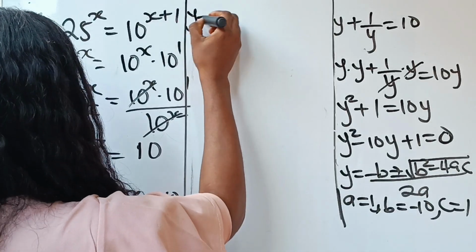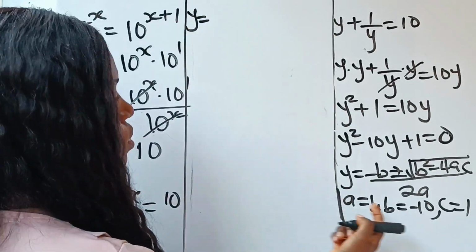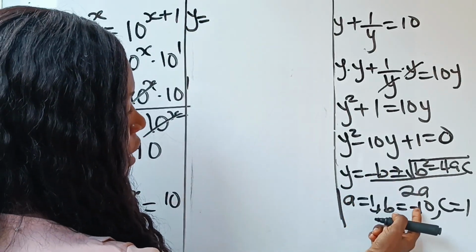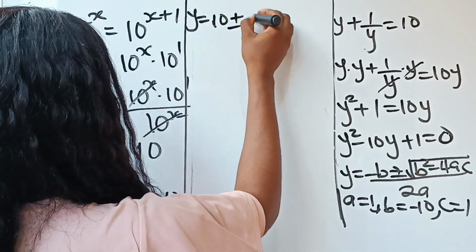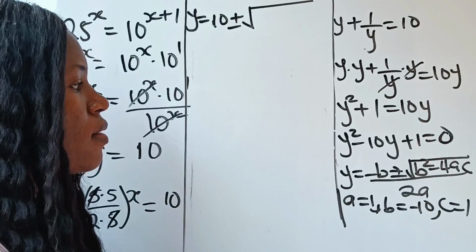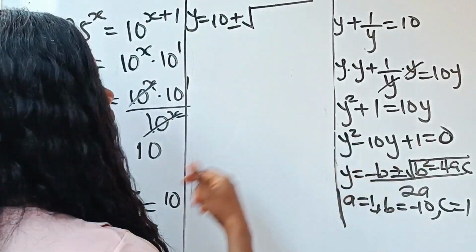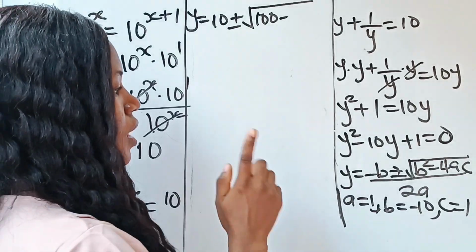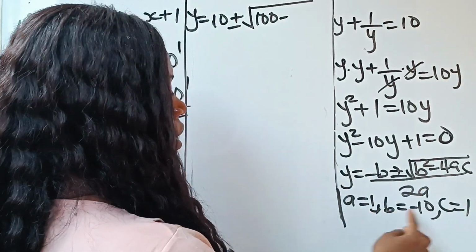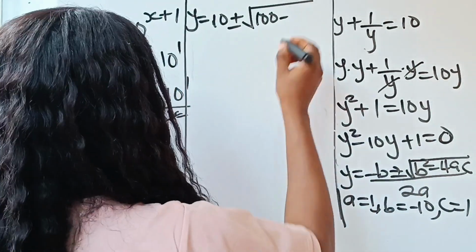If we do, we have that y is equal to minus b, that is minus minus 10, which will give us plus 10, plus or minus the square root of, now b squared, that is minus 10 squared, which is 100, minus 4ac, that is 4 times 1 times 1, which will still give us 4.